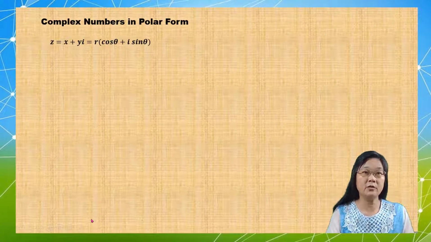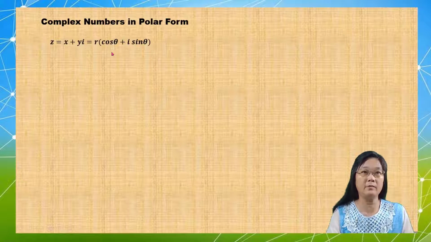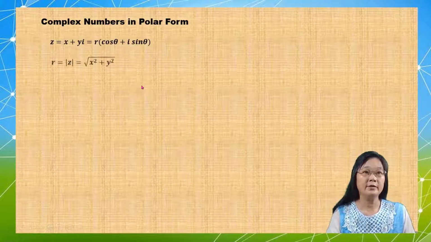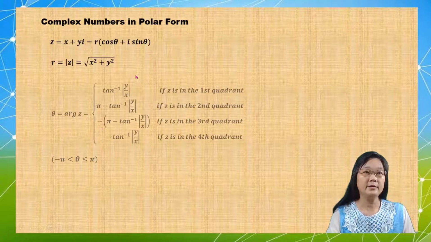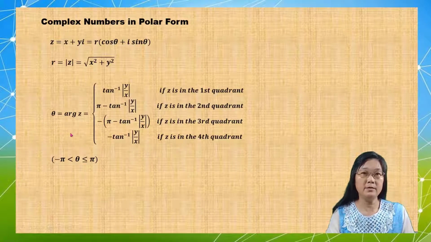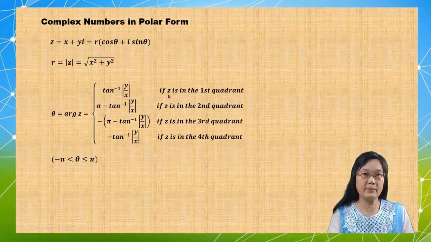If we want to change complex numbers from Cartesian form into polar form, there are two values we need to find. One is the modulus, another one is the argument. To find the modulus, we can use the formula square root of x squared plus y squared. To find the argument, it depends on the position of the complex number.